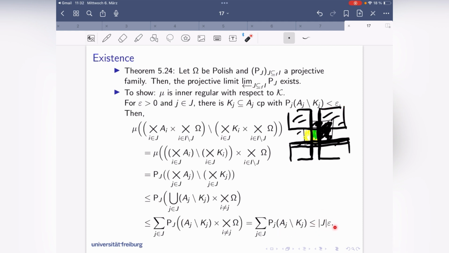And that's the reason we have here number of coordinates times epsilon. So that's small, which eventually now shows inner regularity of mu with respect to the compact system K. And that's it. We have shown existence of a projective limit. And that's essentially it for this whole lecture.